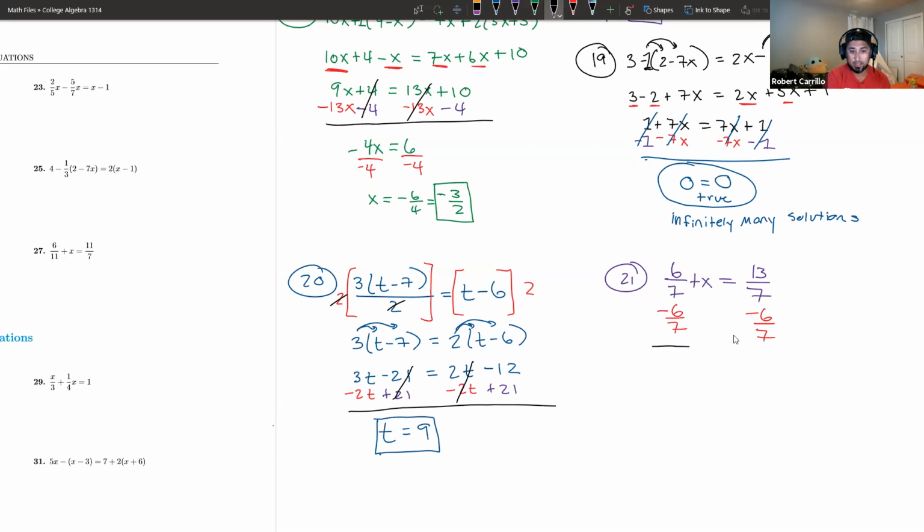Draw my process line here. And all we're left with is x equals 13/7 minus 6/7, which gives me 7/7, which is also what number? 1. All right. Cool.